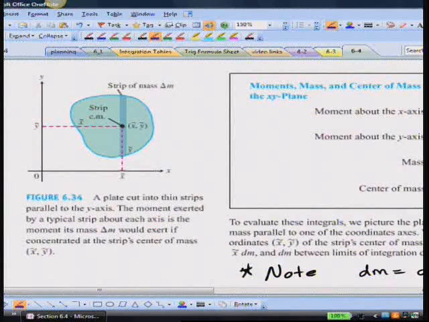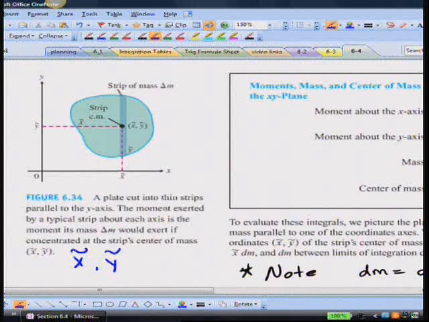We're going to call the strip's center, so not the center of mass of the whole plate, but just the center of mass of this little strip, or little rod, x tilde, y tilde.